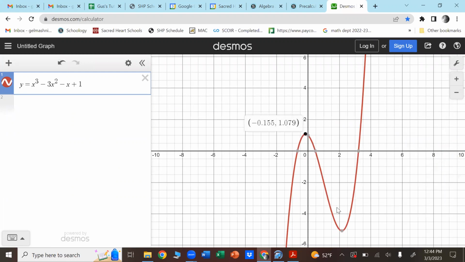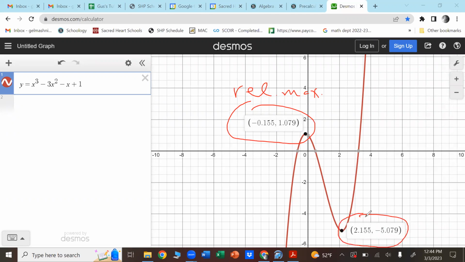So let's label these two dots here. That first dot I labeled, we would say that's a relative max. It's not the highest possible point. It's not like Atherton. This is Redwood City, right? This I call the relative min. It's not the lowest point, but it seems like it would be the lowest point for a while.